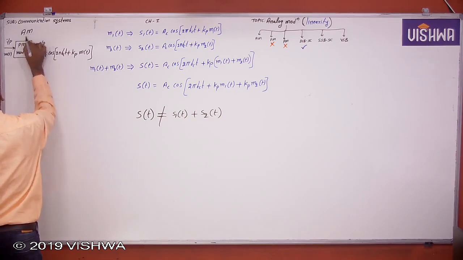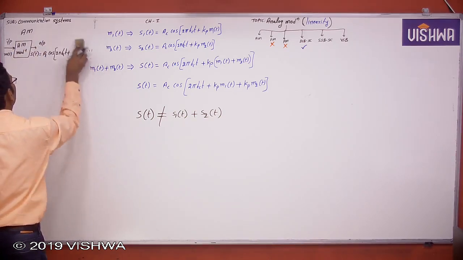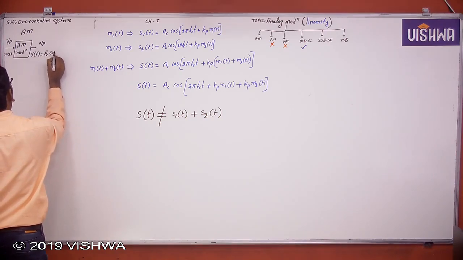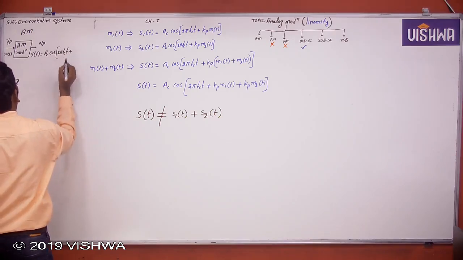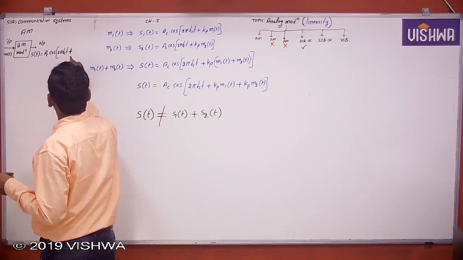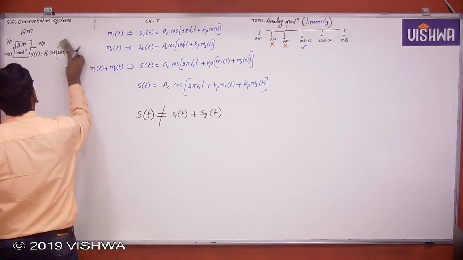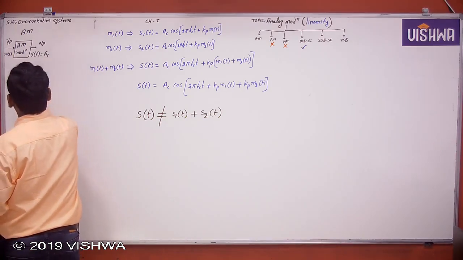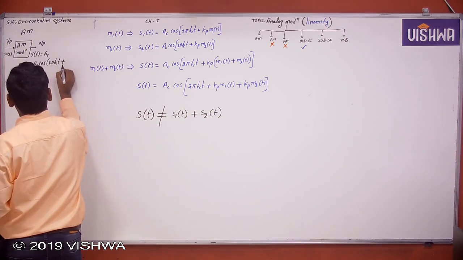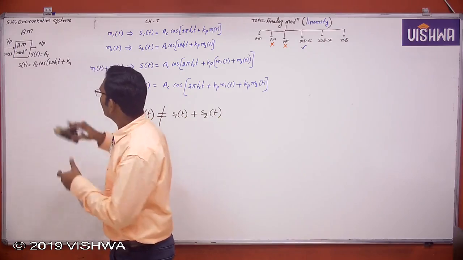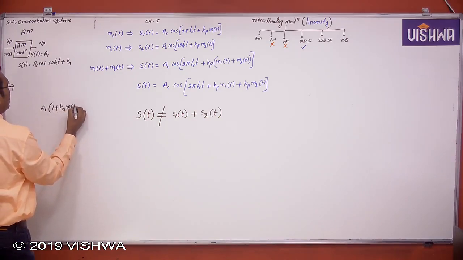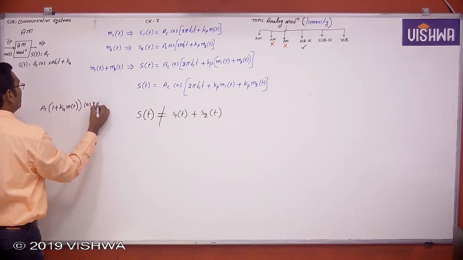Now AM. Now what is AM modulator? S of t, which is equal to Ac cos 2 pi fct plus Ka Ac into m of t cos 2 pi fct, that is, Ac into 1 plus Ka m of t into cos 2 pi fct.